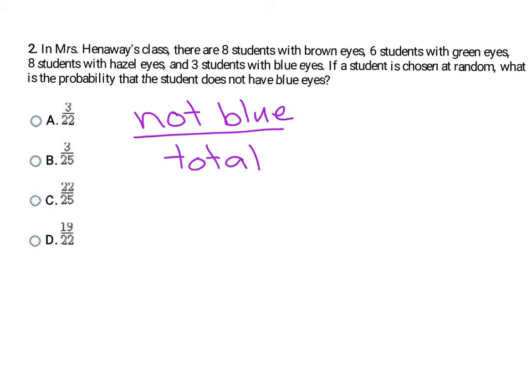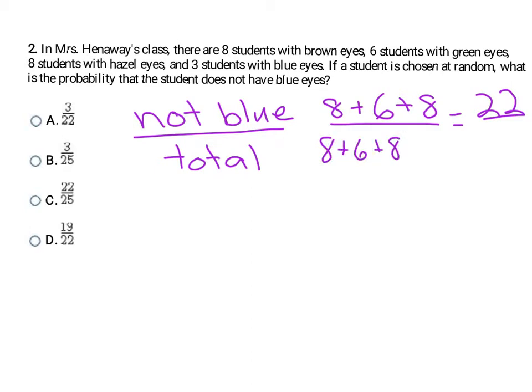The ones that don't have blue are your 8 brown, your 6 green, and your 8 hazel. So I'm going to add 6 plus 8 plus 8, which is equal to 22. Then in the bottom, I'm going to add up all 4 groups to get the total number of students. So that's going to be 25. 22 over 25 can't be reduced, so that's going to make my final answer C.